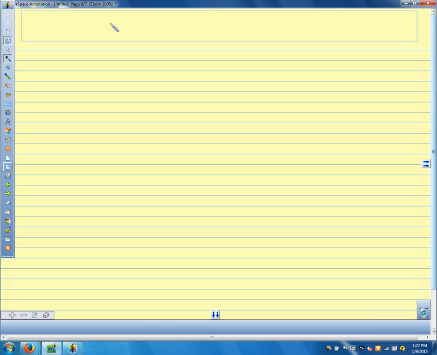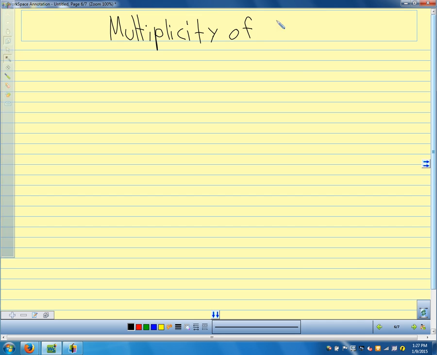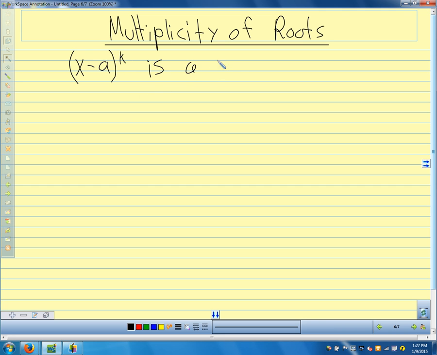All right. Last thing we need to talk about is multiplicities of roots. So, multiplicity of roots. What we're talking about here is we have x minus a to the k power as a factor of f of x, which is a polynomial.